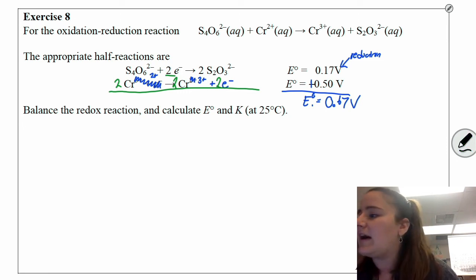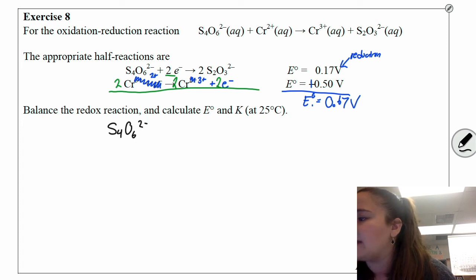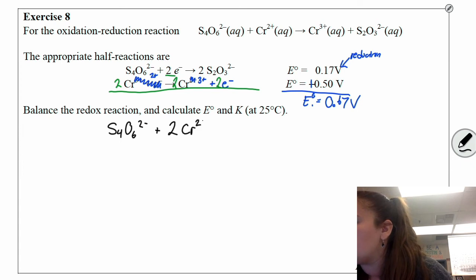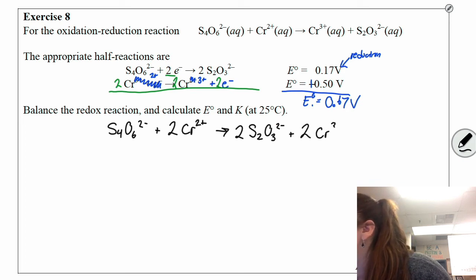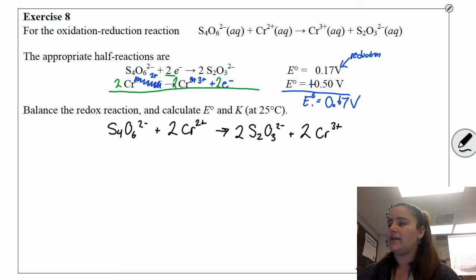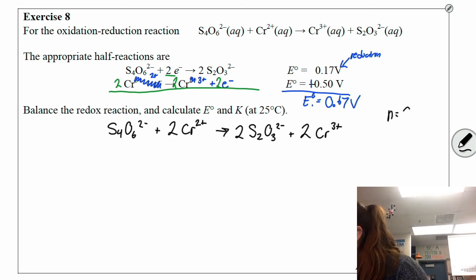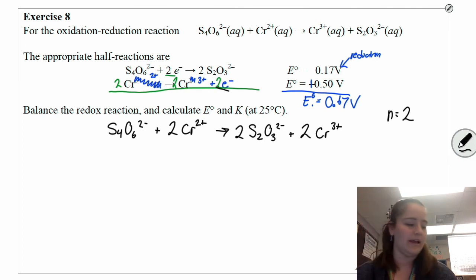So we have S4O6 2 minus plus 2 Cr2+ going to 2 S2O3 2 minus plus 2 Cr3+. And note the number of electrons involved, our n, is going to be 2 because there are 2 electrons involved in the balanced reaction.